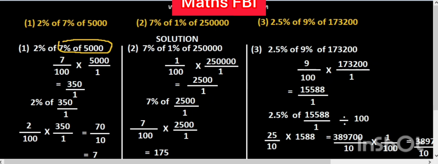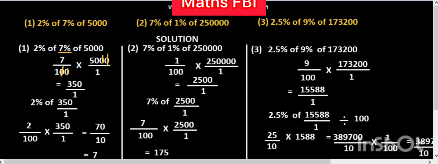7% of 5,000 first. Okay, so 7% is represented here by 7 over 100. Okay, of is replaced by the multiplication symbol, multiplied by 5,000 over 1. Okay, so this cancels this.